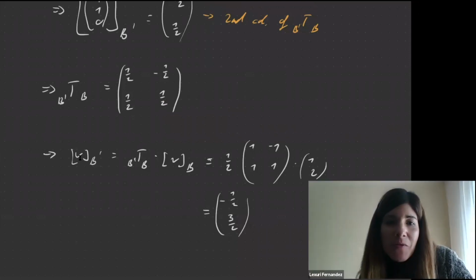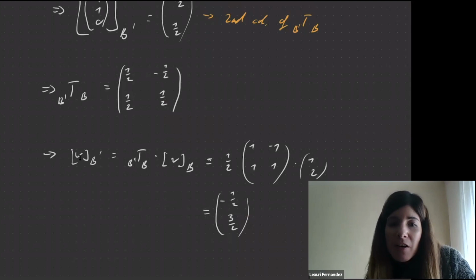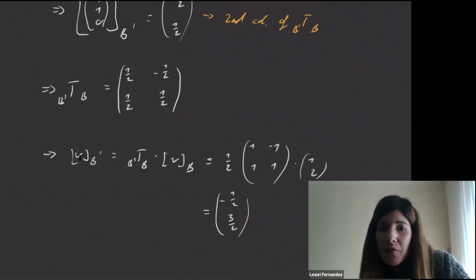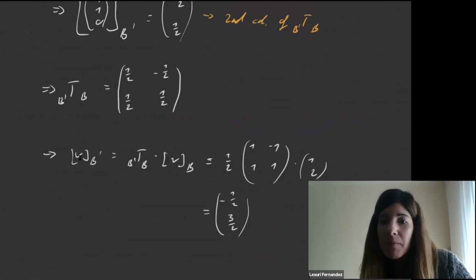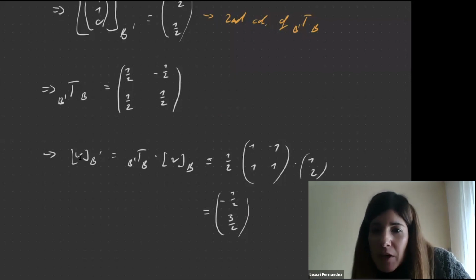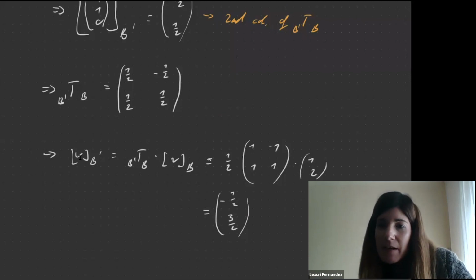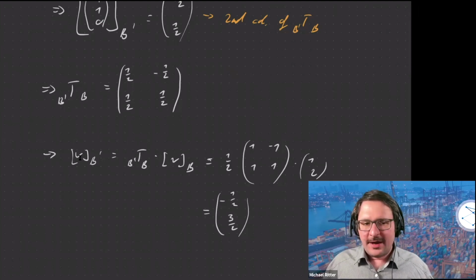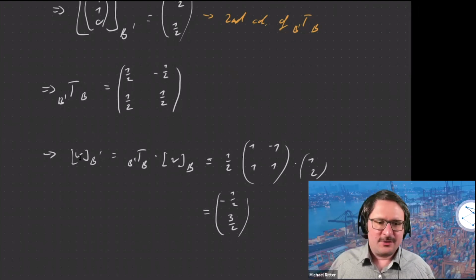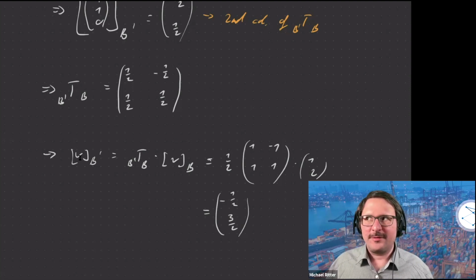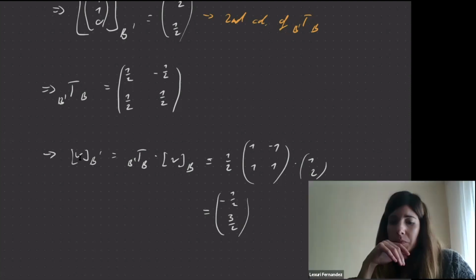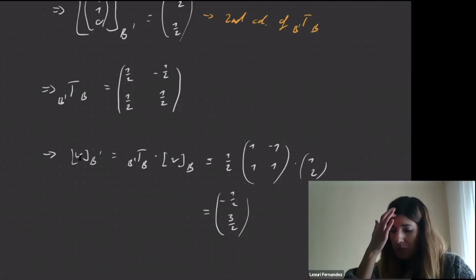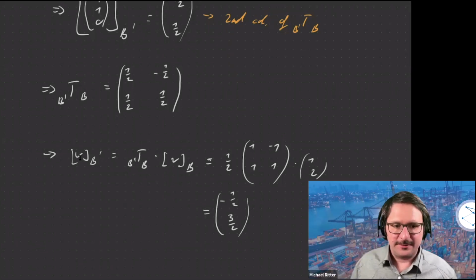Okay, so the first question is, would it also be possible to compute the transformation matrix by using a similar method as we computed the inverse matrix, just by using B and B prime and not a unit vector on the one side? So what you can do is, it's pretty easy to compute a transformation matrix between the standard basis containing unit vectors and any other basis that is given.